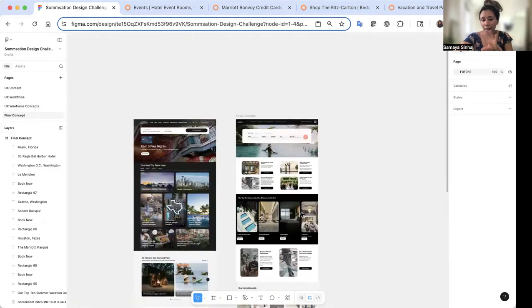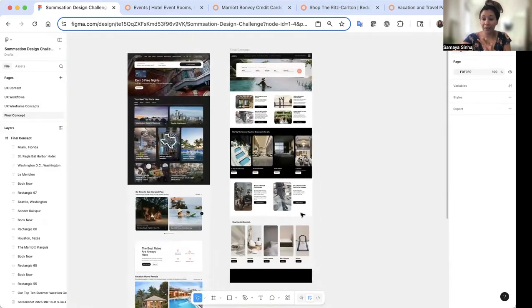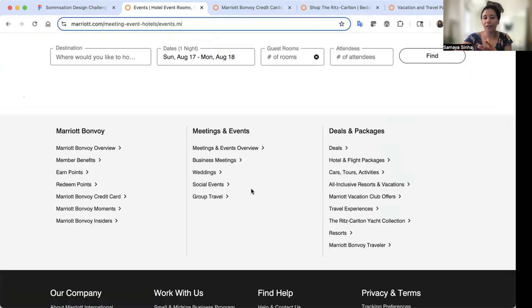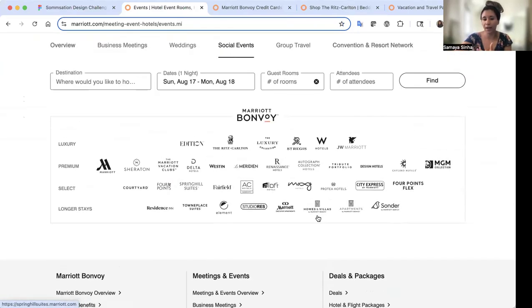What I'm still playing around with, and this is where I'm still stuck, is figuring out how to highlight the Marriott brands of companies, right? So there's the longer stays, there's the select, there's the premium, and there's luxury.